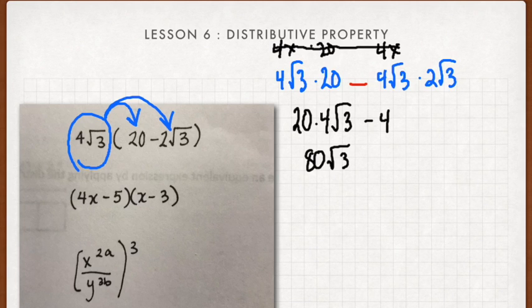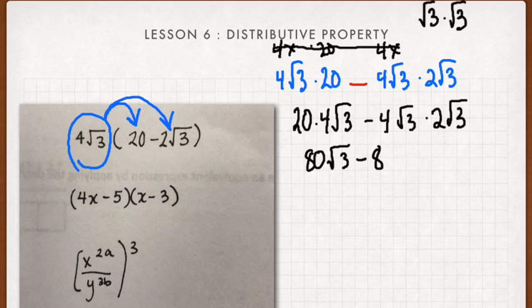That's what we're going to do here as well. So this is 4 times square root of 3 times 2 square root of 3. So we know that 4 times 2 is going to give us an 8. And then we also know that square root of 3 times square root of 3 is going to be equal to a square root of 9. We know from our work with perfect squares that the square root of 9 is going to be a 3.